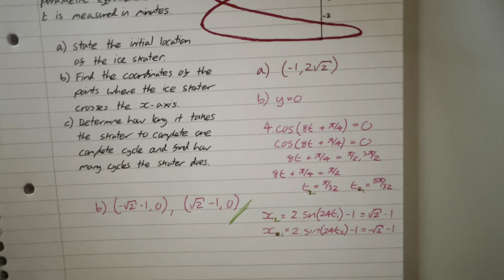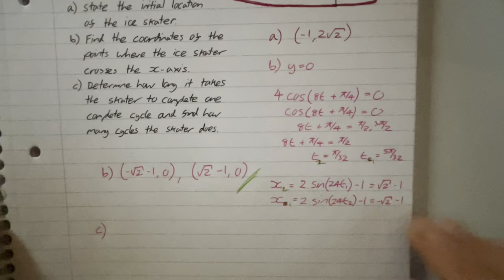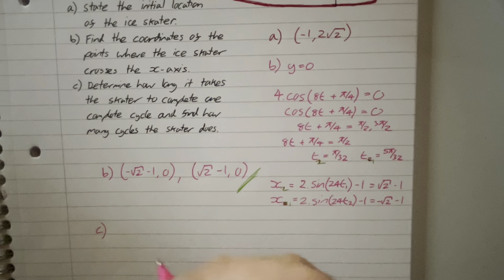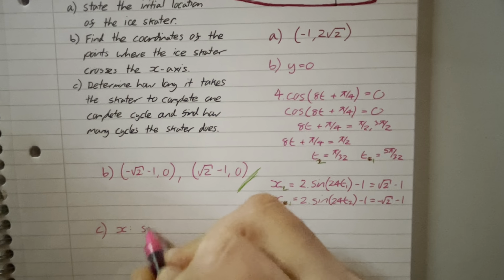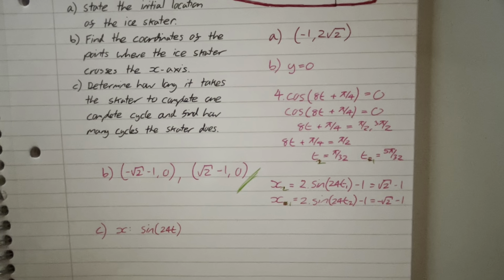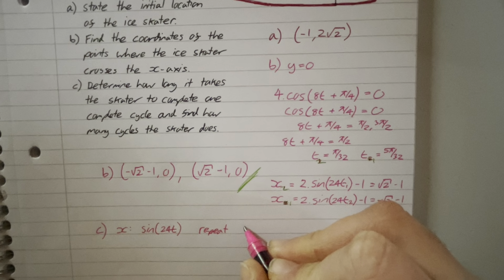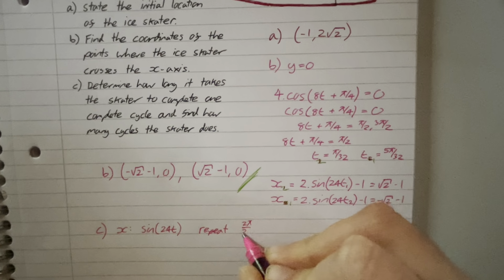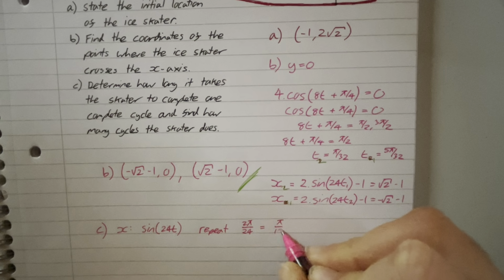So to answer part C, let's start by considering how long it takes. So in the x direction, we've got a sine of 24t in there, which means that's going to repeat every 2 pi on 24 times, which is pi on 12.